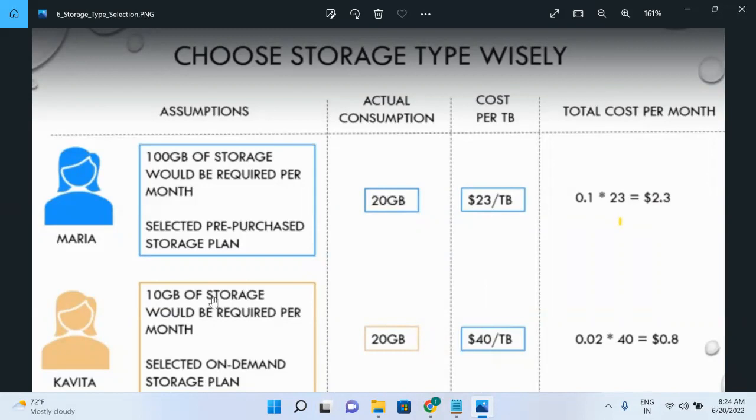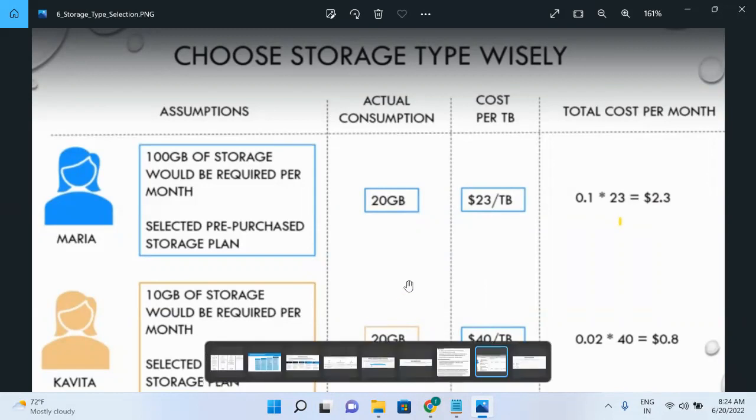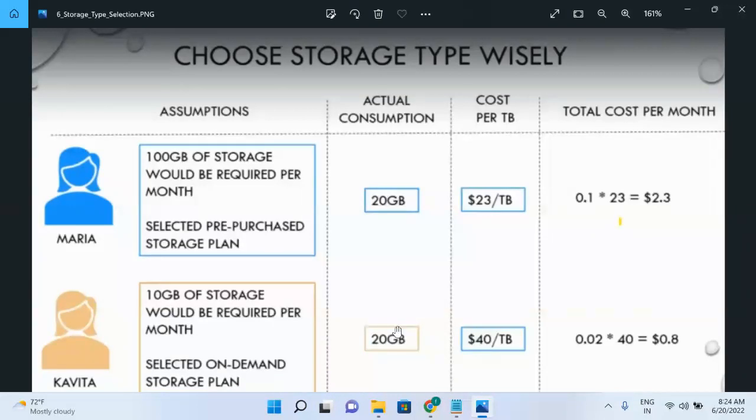So here the assumption is 10 GB, and the utilization is 20 GB. How much do they need to pay? They need to pay for 20 GB. It means 0.02 multiplied by 40. How much are they paying? $0.8, right? Here they are paying only for what they have utilized.